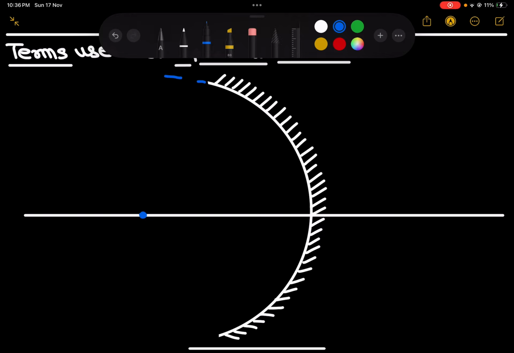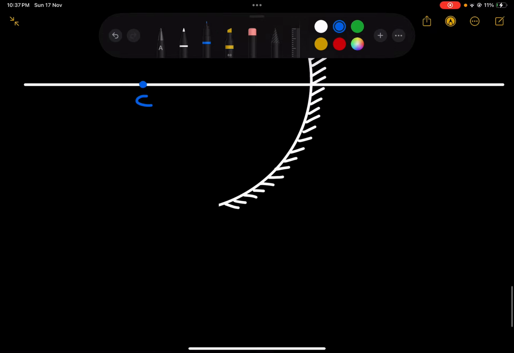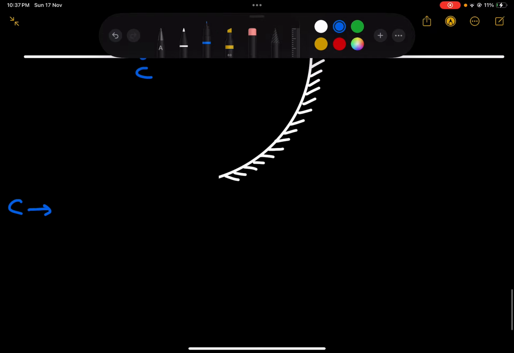This is the sphere, right, and this is the center of the sphere. So now this center is known as the center of curvature. I'll write down here, C is known as the center of curvature. The center of the sphere out of which the spherical mirror has been derived is known as center of curvature.